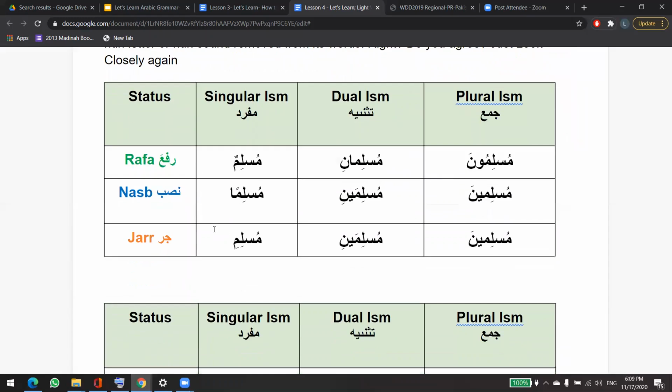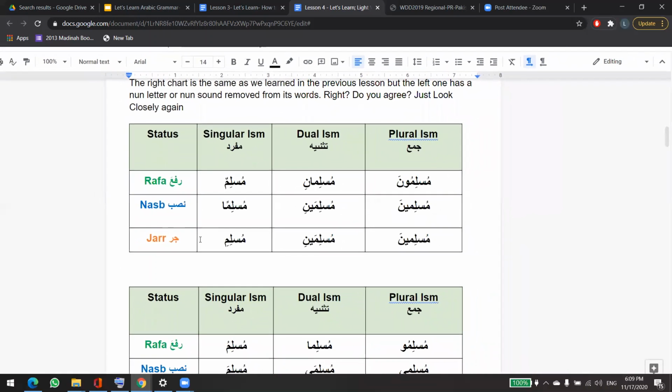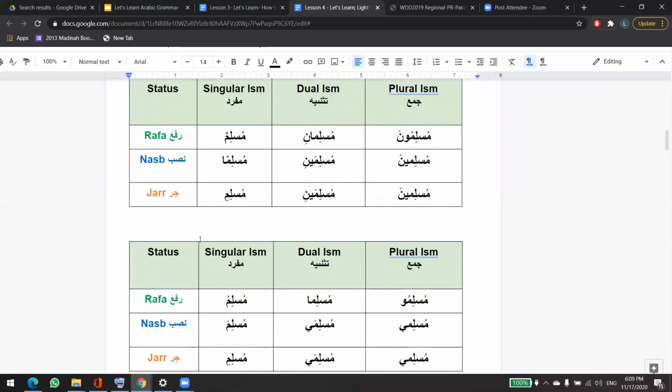Let me zoom out so that you can see both together. Singular ism: instead of Muslimun, we have Muslimu. Instead of Musliman, we have Muslima. And for jar status, Muslimi. For dualism, what's the difference?